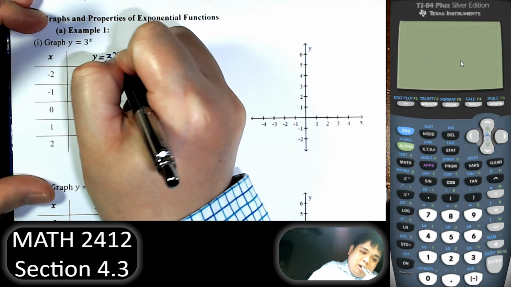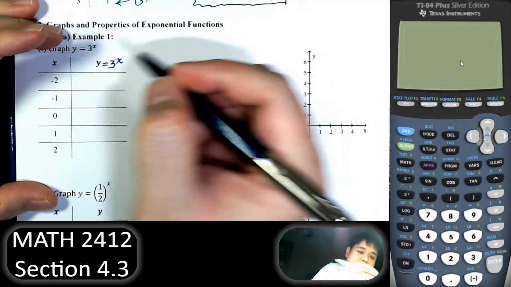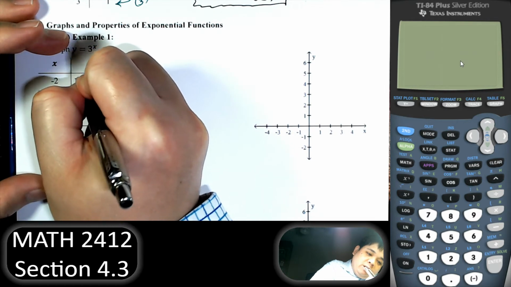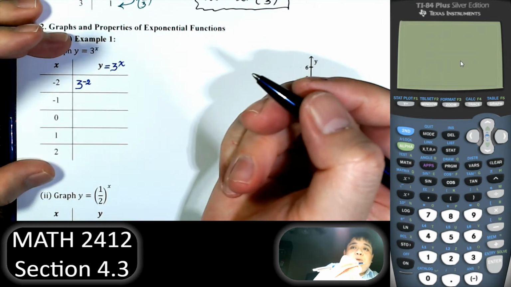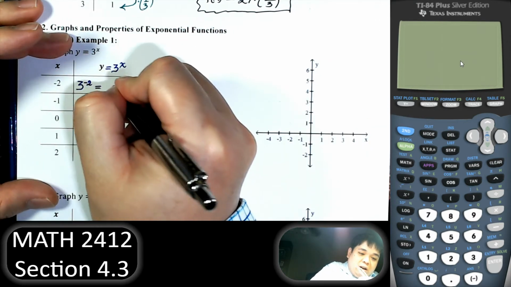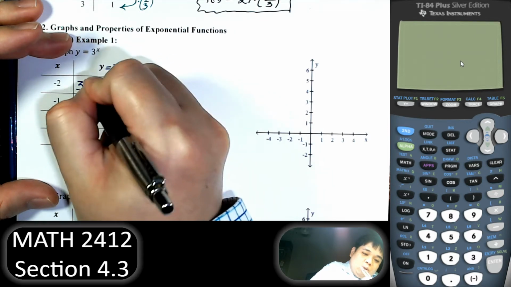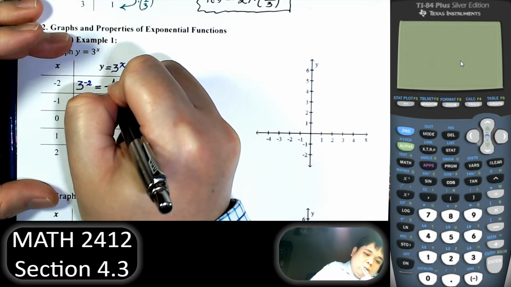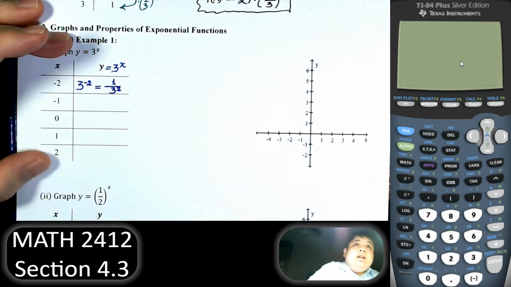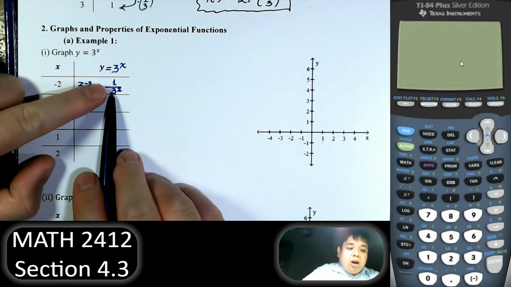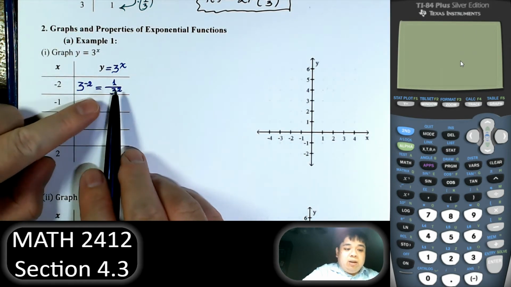3 to the x power. Right. So what is 3 to the negative 2? Now we just get familiar with the properties we have earlier. 3 to negative 2 is 1 over 3 to the second, simply because cross the line, change the sign from negative to positive.